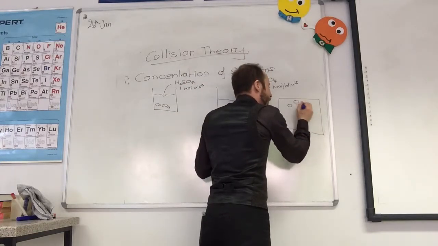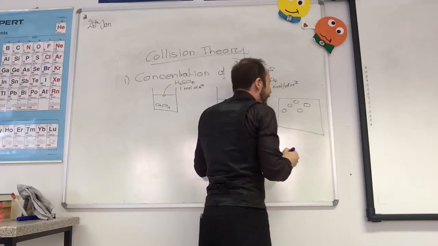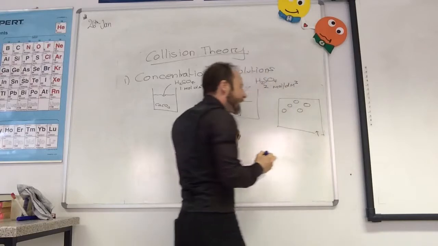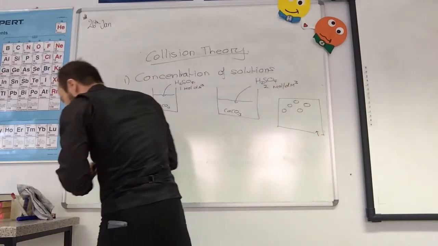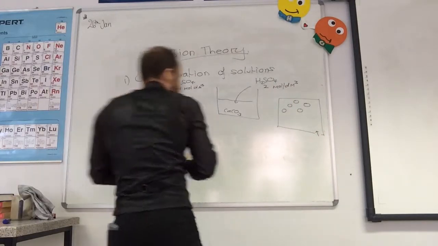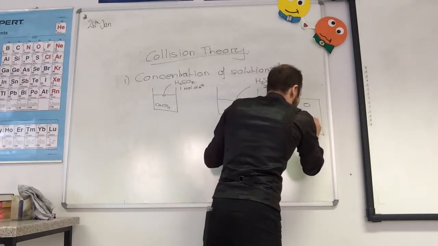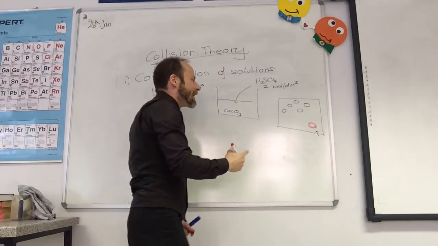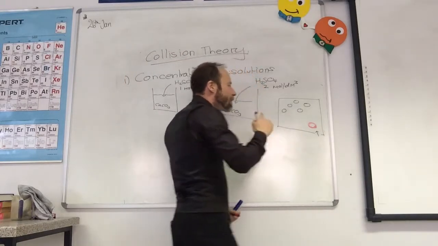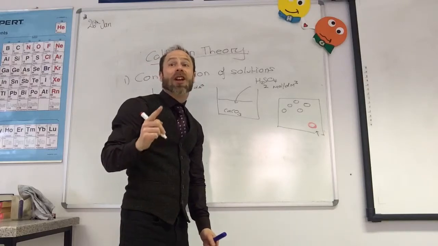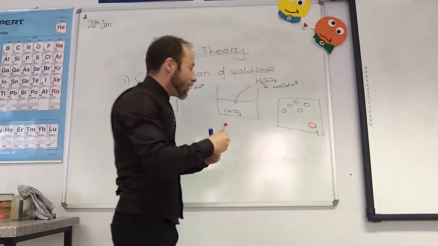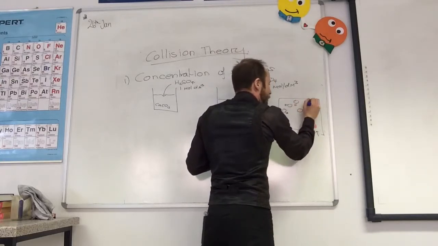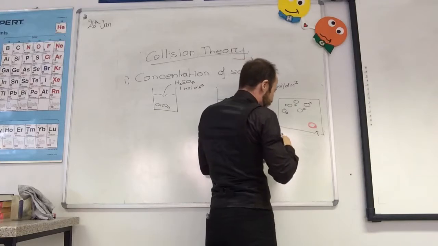So, we've got you here, and into the room, maybe through the fire exit, I introduce one boy, who will be in red. The aim of the game is for you to meet the boy. In order for you to meet the boy, the first thing you have to do is collide with him, first of all. You are all walking around in random directions, because that's what particles are doing, as is he.